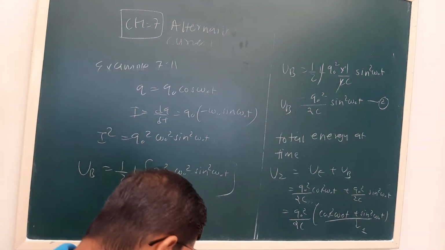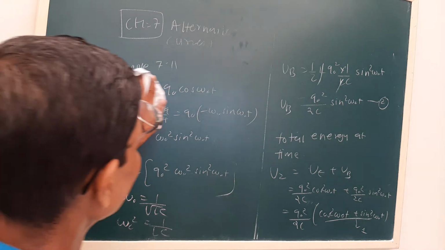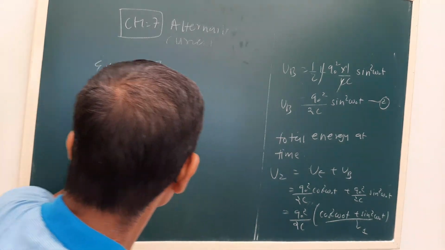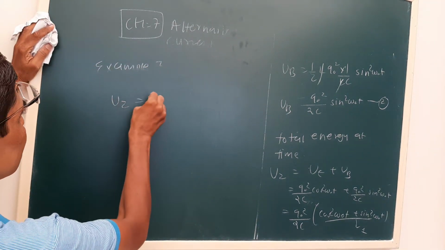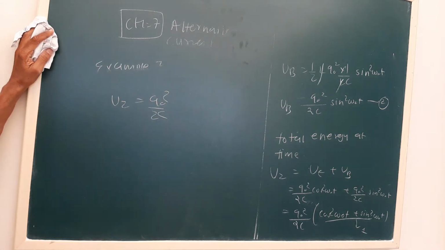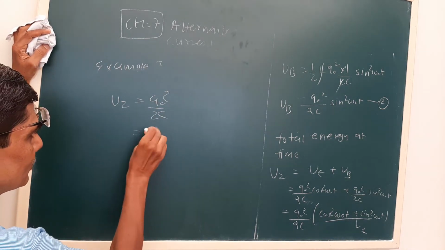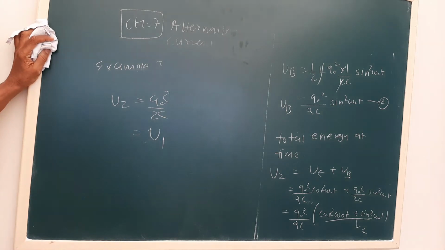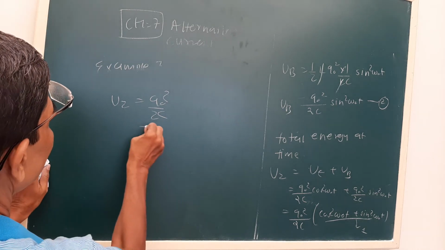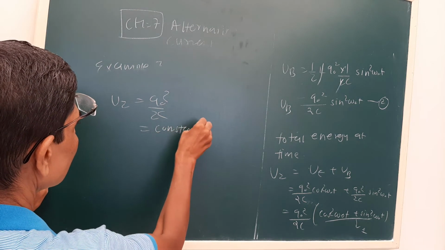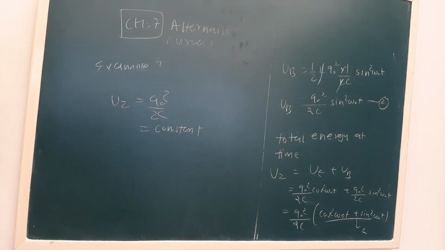So that is the total energy at any time t that we have calculated. Now this is equal to the initial energy, as we have shown. So this energy remains constant. So the energy at any instant in the LC oscillation is constant.